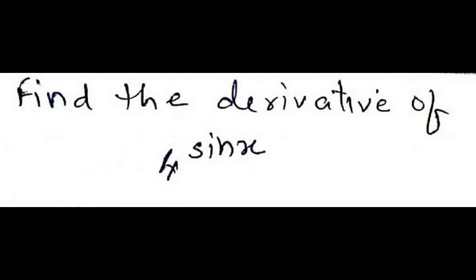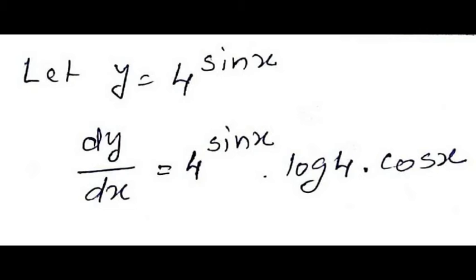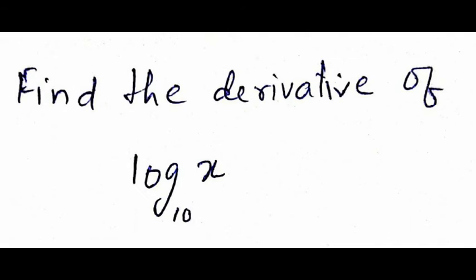Find the derivative of 4 raised to sin x. Derivative of 4 raised to sin x is 4 raised to sin x into log 4 into derivative of sin x, that is cos x. Therefore, we get the answer 4 raised to sin x into log 4 into cos x. Find the derivative of log x to the base 10.